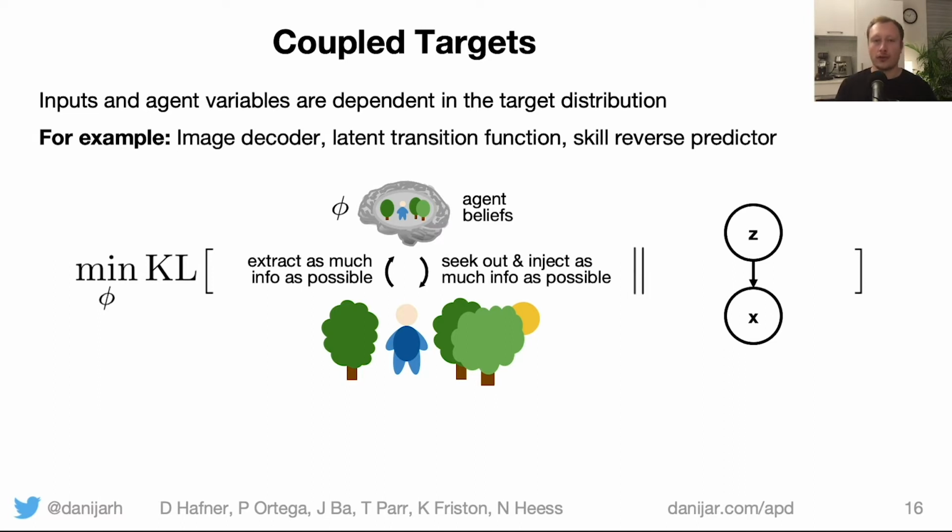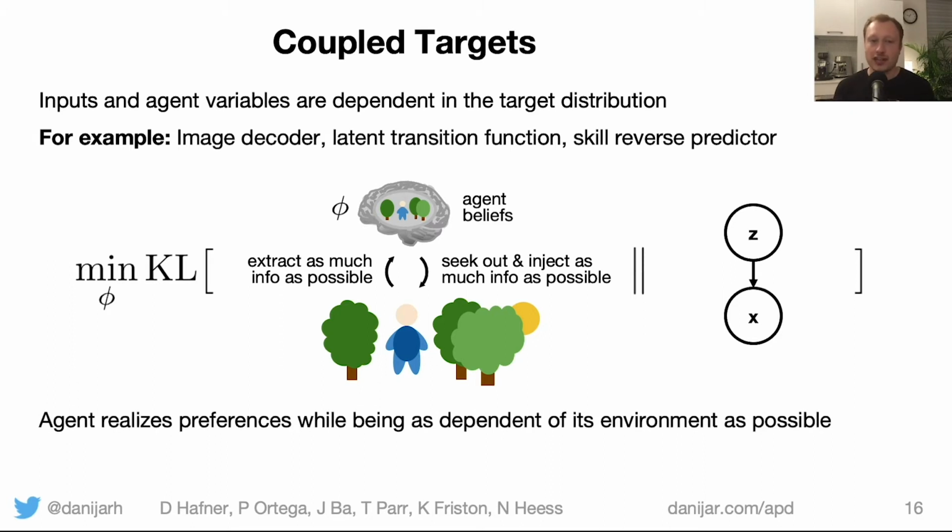So with a highly coupled target, it will extract as much information from the environment as possible so that it learns a lot about the environment, and it will seek out informative future inputs and inject as much information back into the environment as it can.